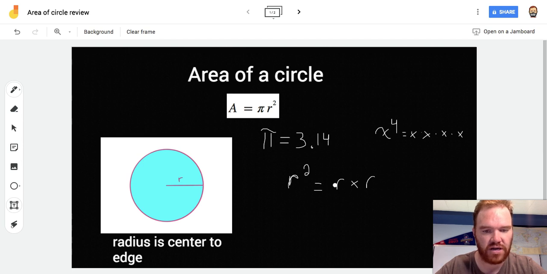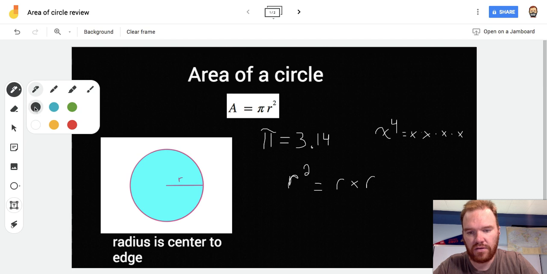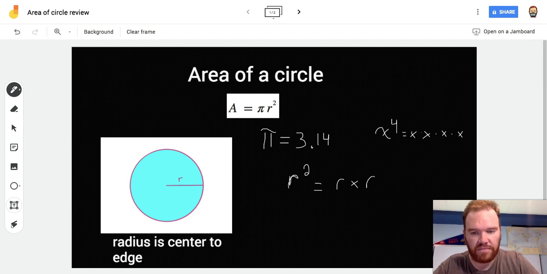Another quick example. Let's say our radius is 6.